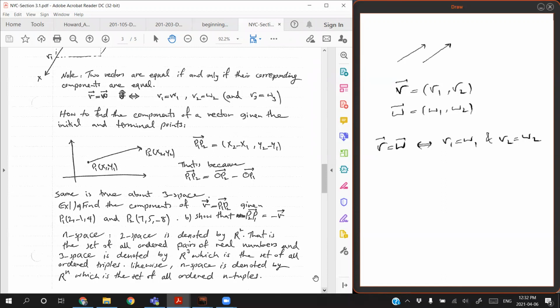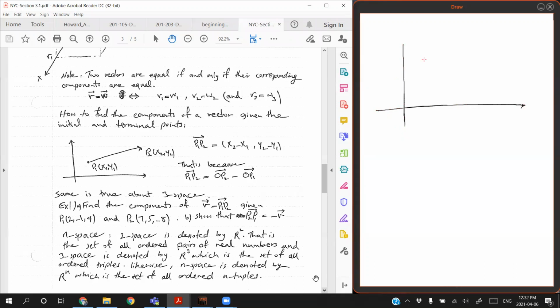Okay, the next thing we're going to learn is how to find the components of a vector given the initial and the terminal point. Imagine you have these two points given: point P1, which is, let's say, (x1, y1), and this other point P2, (x2, y2), and you have a vector that goes from P1 to P2. How can we find the components of the vector P1P2?